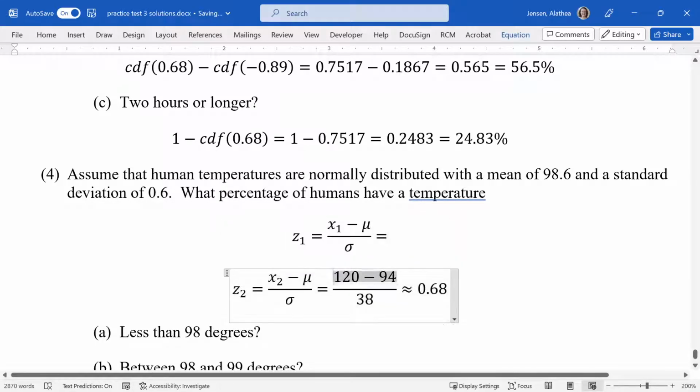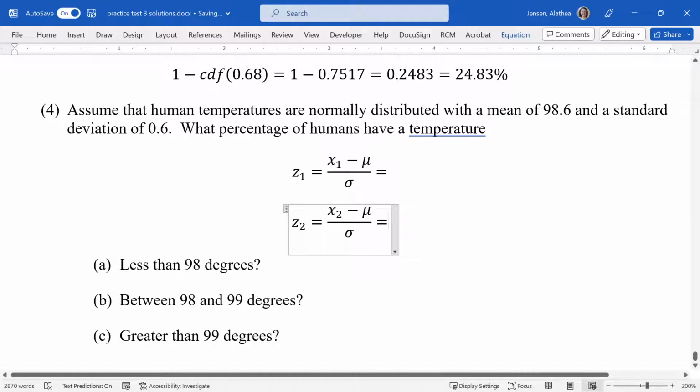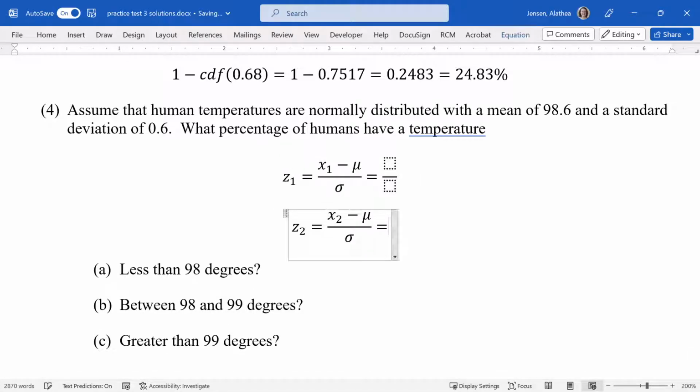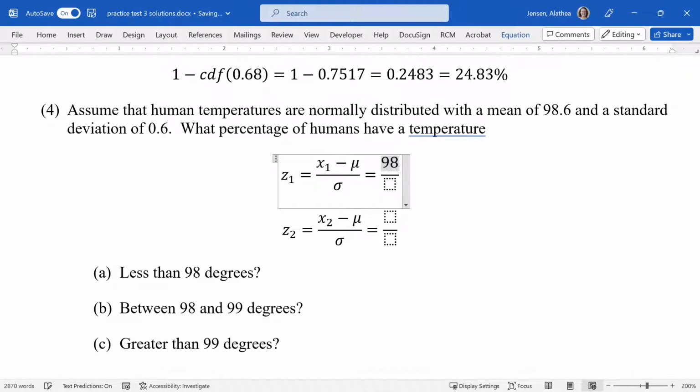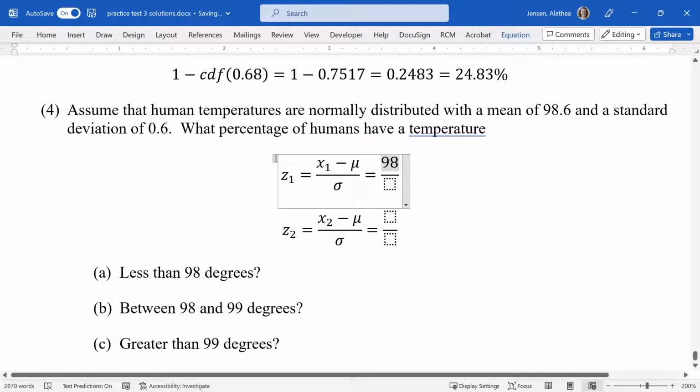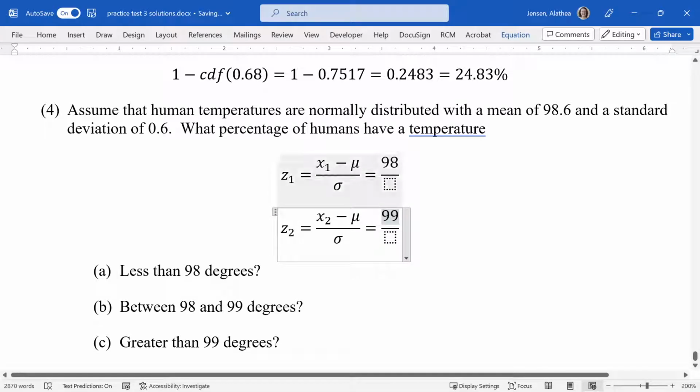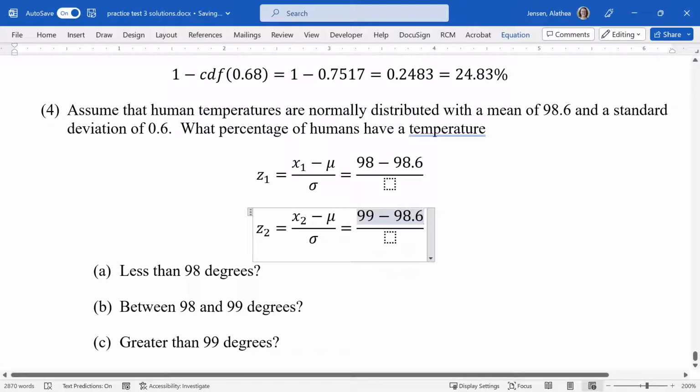Here we're doing temperatures, and the two temperatures of interest are 98 and 99. Those are going to give me my two z values. So x1 is 98 and x2 is 99. Mu for both of them was 98.6, and sigma for both was 0.6.